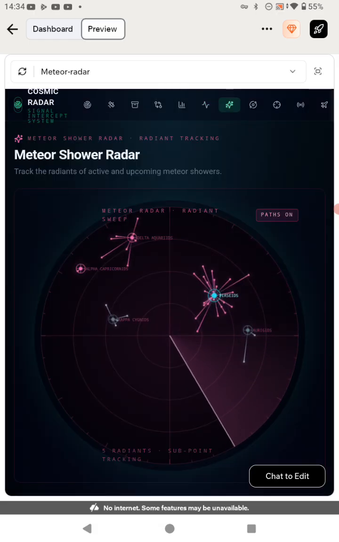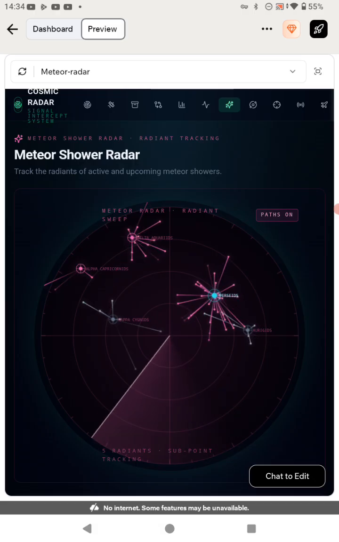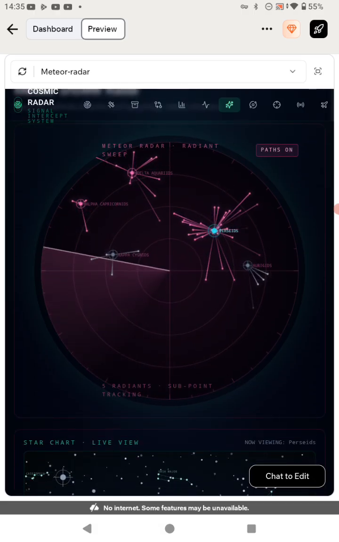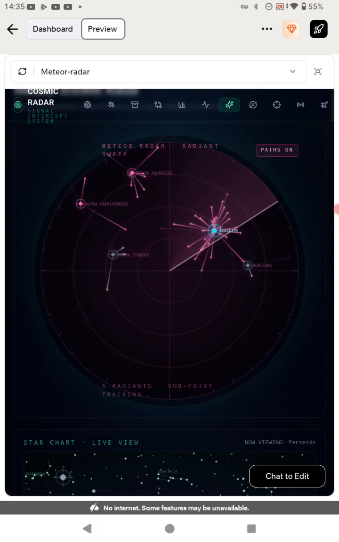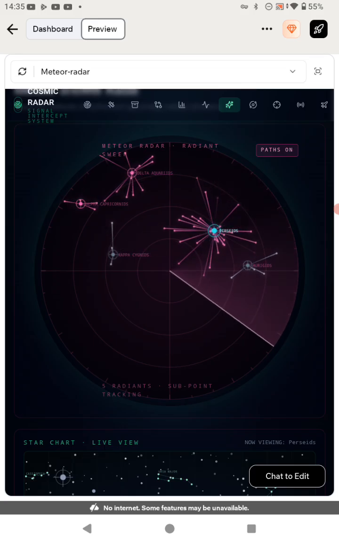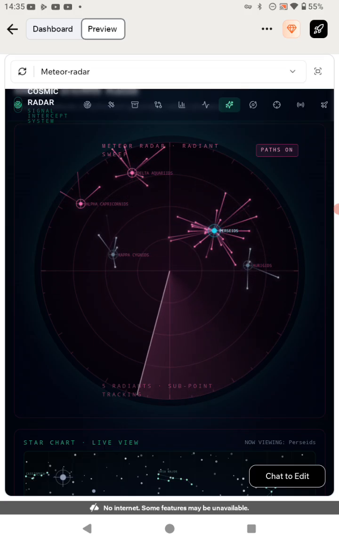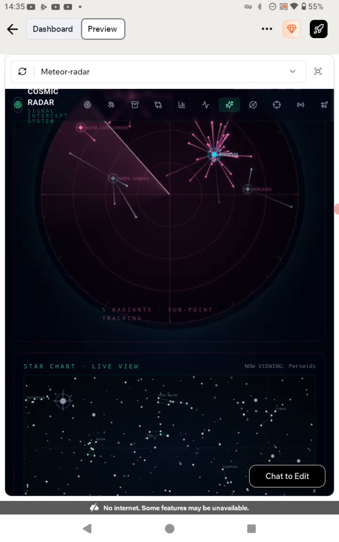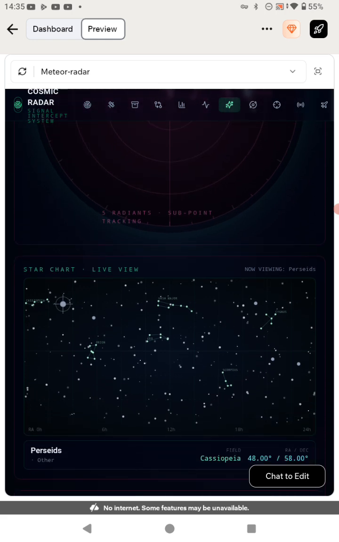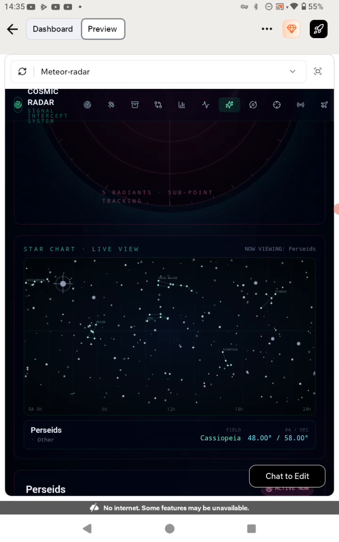Okay, now we got our meteor shower radar. So now you come down here and you actually have a look where all these meteor showers are, in different galaxies, different star systems, which is actually pretty good. And this is the area where the meteor showers are, which is like 48, Cassiopeia, 48.00 degrees over 58.00 degrees.